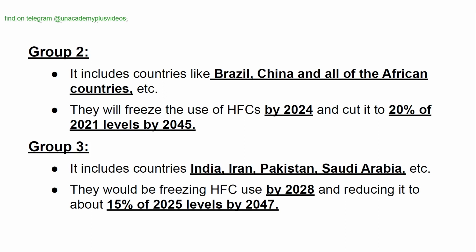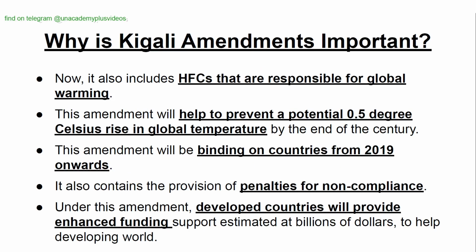They will freeze the use of HFCs by 2024 and cut to 20% of 2021 levels by 2045. Group 3 includes countries like India, Iran, Pakistan, Saudi Arabia, etc. They will freeze HFC use by 2028 and reduce it to about 15% of 2025 levels by 2047.